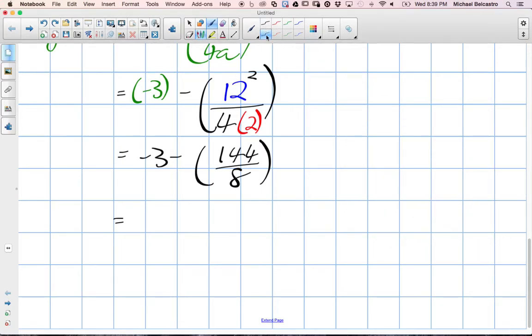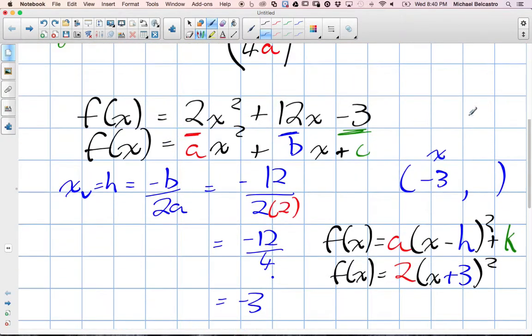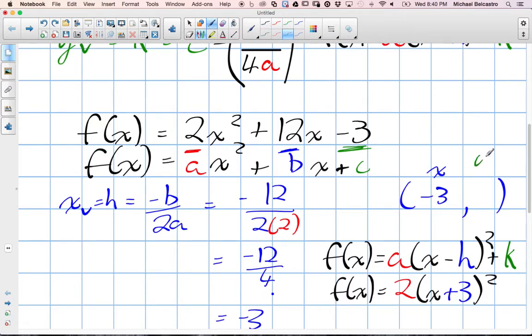So that value becomes negative 3 minus 18, which is negative 21. So our y value of the vertex is negative 21, so our k is negative 21.